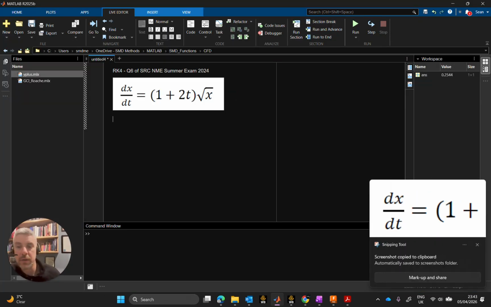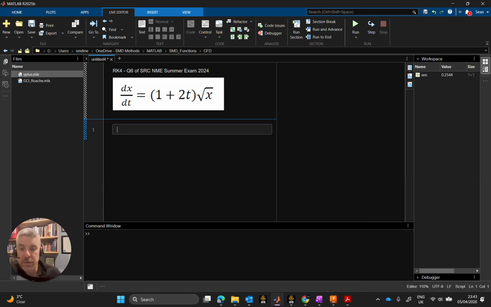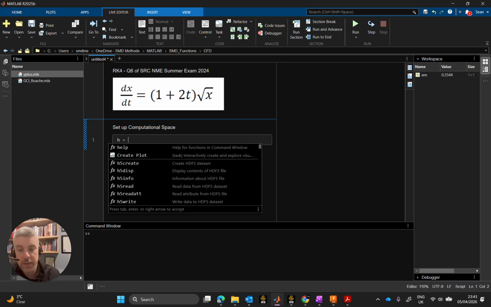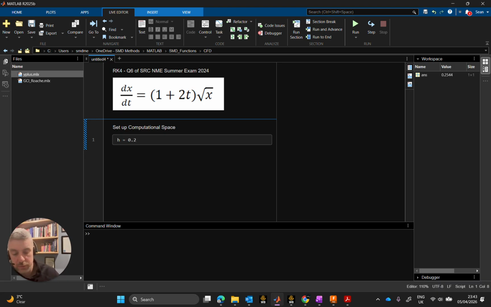And we'll come back into this, and let's take a snap of what the function is. Let's come on into here, and I'm going to put in a section break, put in a bit of text, and let's set up our computational space, computational domain, if you like. Right, so what we're going to write into here is my step size. H is going to be equal to 0.2. Let's comment that as a step size.